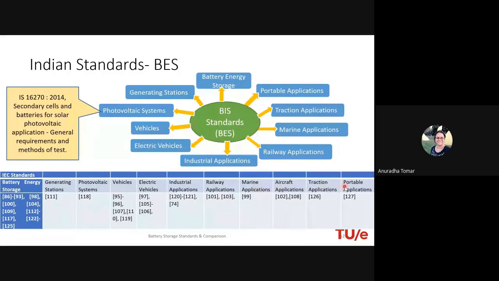I can say that because these Indian standards are basically a combination of the IEC standard and IEEE standard. In the Indian standards, we try to adapt the good practices of all these IEC and IEEE standards as per our geographical and regional requirements.